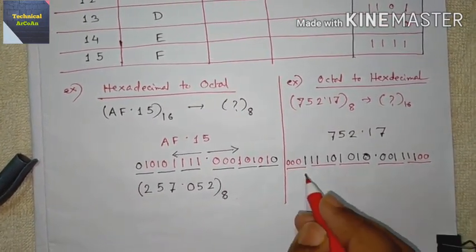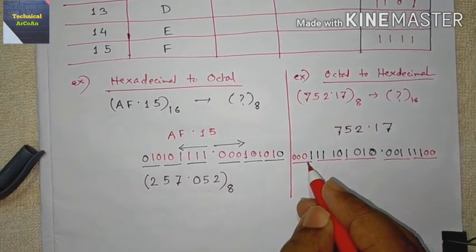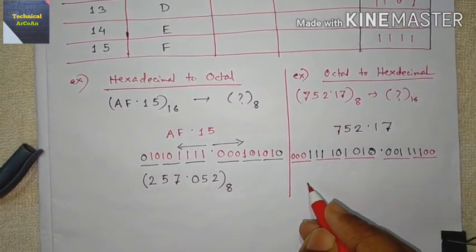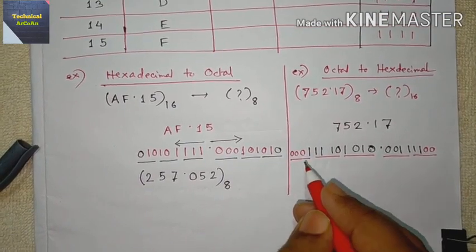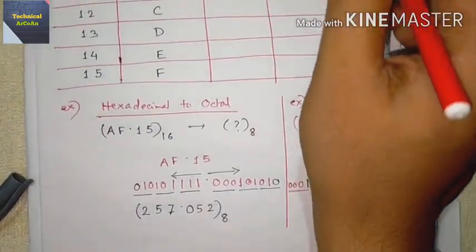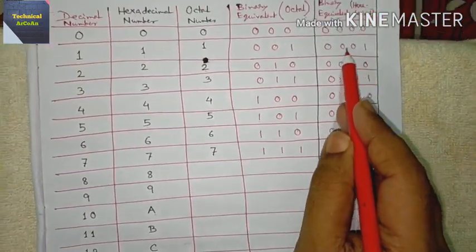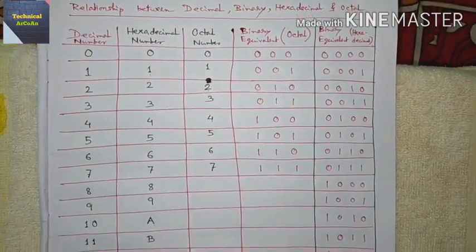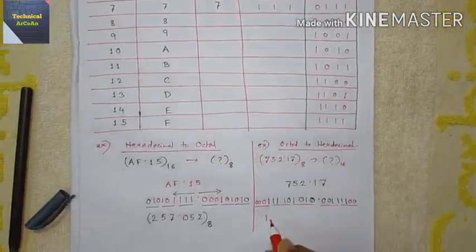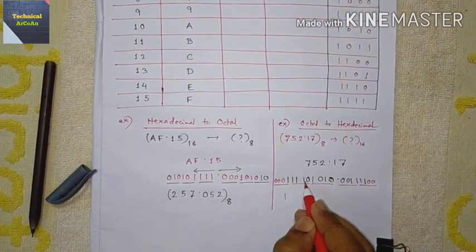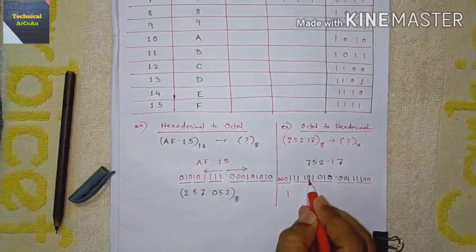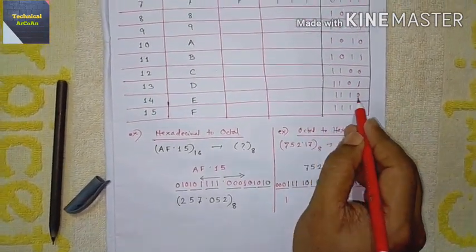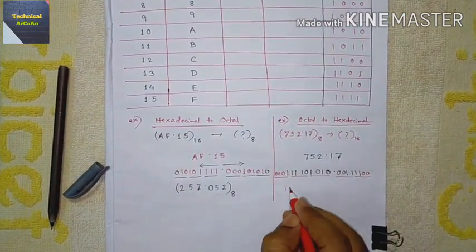Now we put the value, means the equivalent in hexadecimal. What will be the hexadecimal number? 0001. So the hexadecimal is 1. So I am putting here 1. And after that 1110, what will it be? It will be E for hexadecimal.